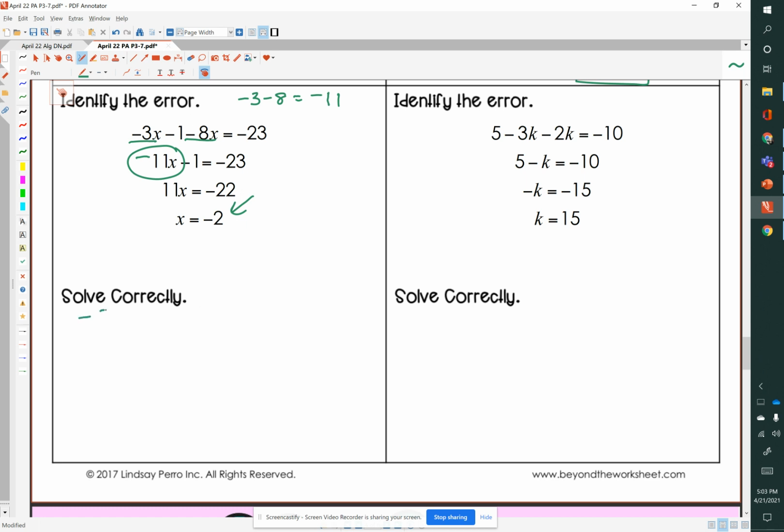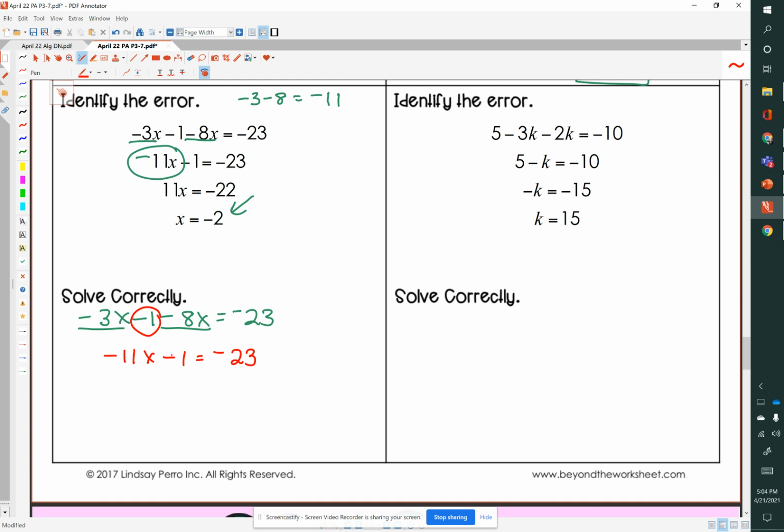So we have negative 3x minus 1 minus 8x equals negative 23. So we can combine negative 3 minus 8, and that will be negative 11x minus 1. We still have this minus 1 equals negative 23.